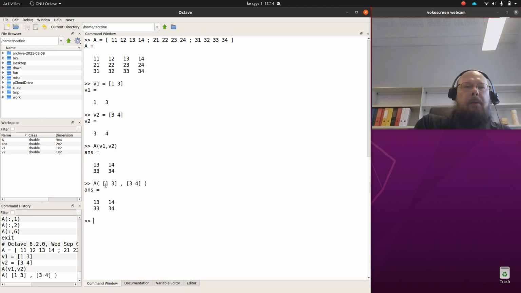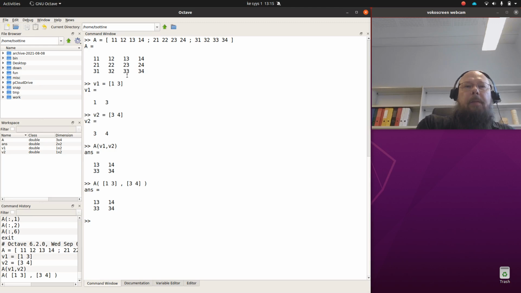And what happened? So I told it to take from this A, which is the biggest matrix here, the first and third row. So I will cut the first and the third row. And then I ask it from the columns to cut the third and fourth column.